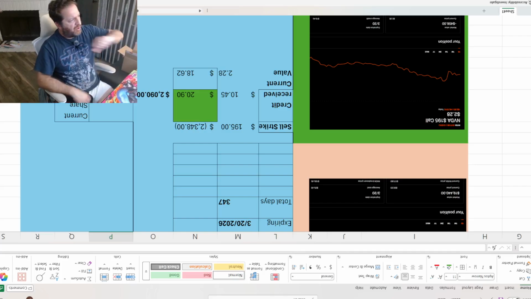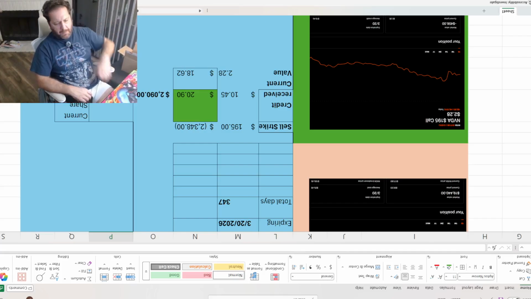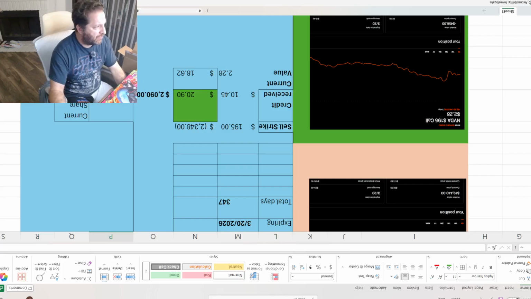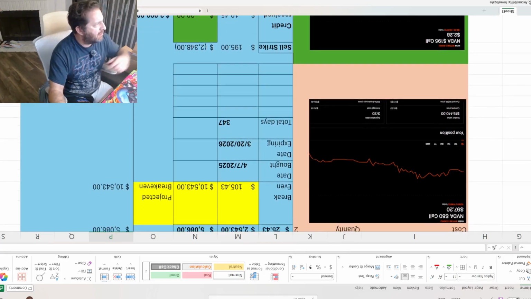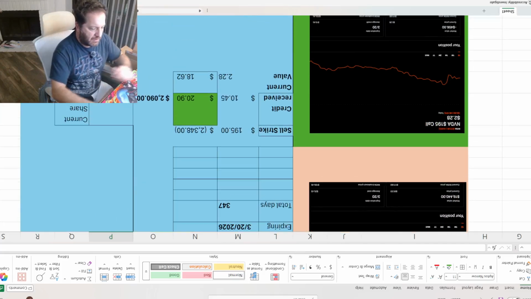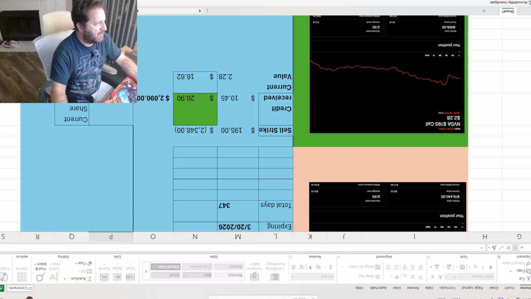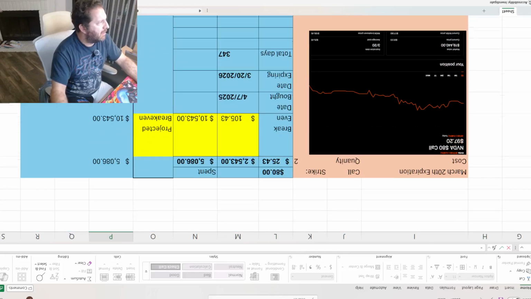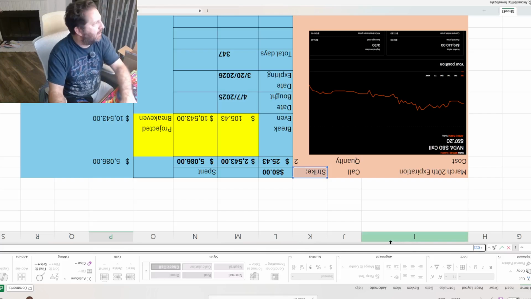Okay, so projected profit is going to be our strike price, the strike price we bought. So it's going to be equal to this number. Why did I take that one? I didn't want that one.